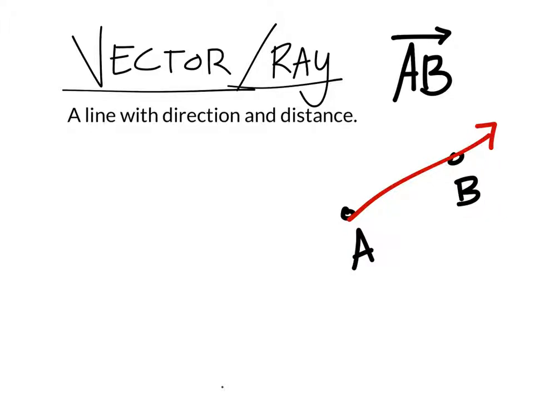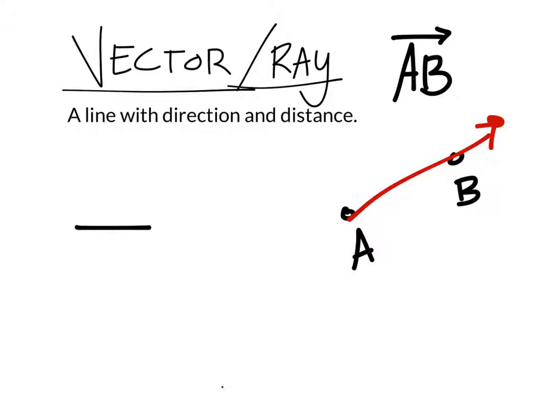However, the arrow on this does not necessarily indicate that it goes on forever. It's telling us to stop at the end of that arrow. So that's why this one has distance, even though the formal definition for ray says this one would go on forever. But again, we're not worried about that right now. Alright, we'll see how these are used.